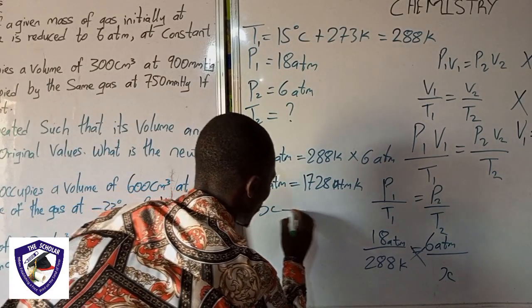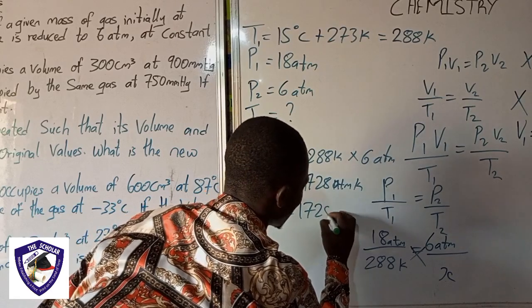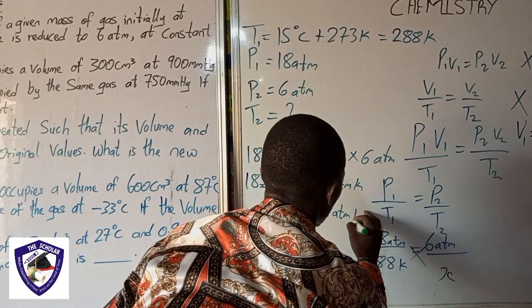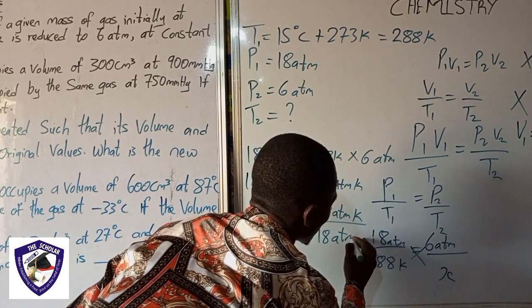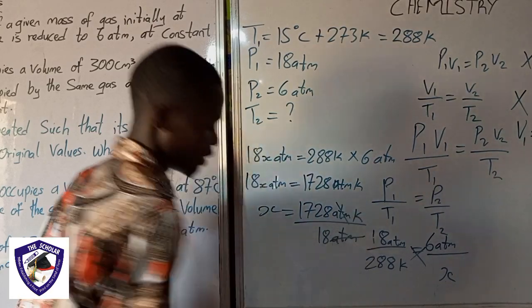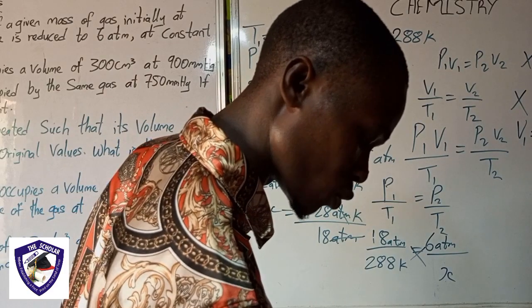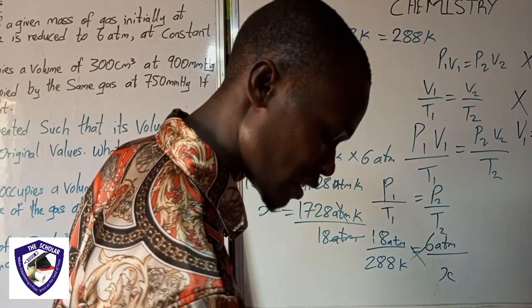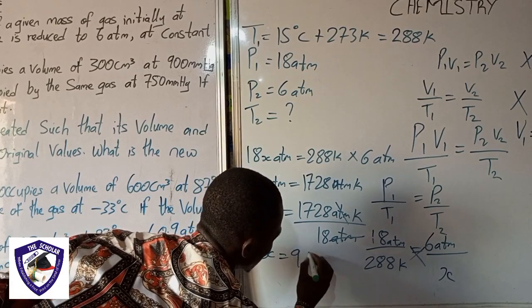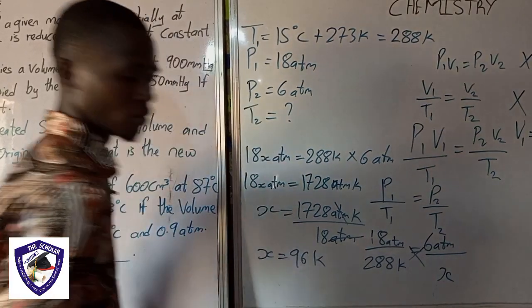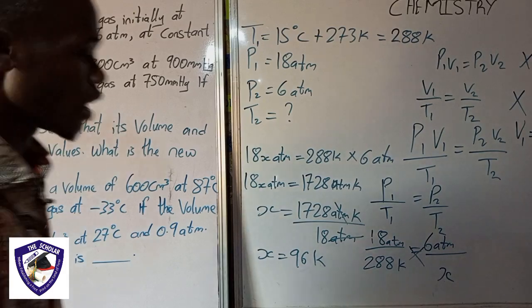So we have x equal to 1728 atm Kelvin divided by 18 atm. This atm cancels atm. So we have 1728 divided by 18. That is what? 96. Our x is equal to what? 96 Kelvin.